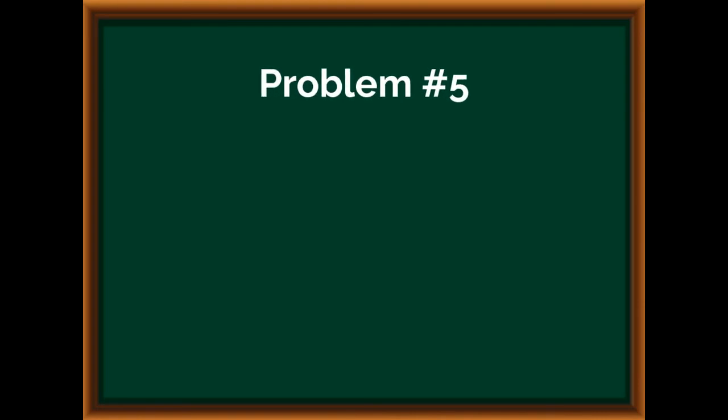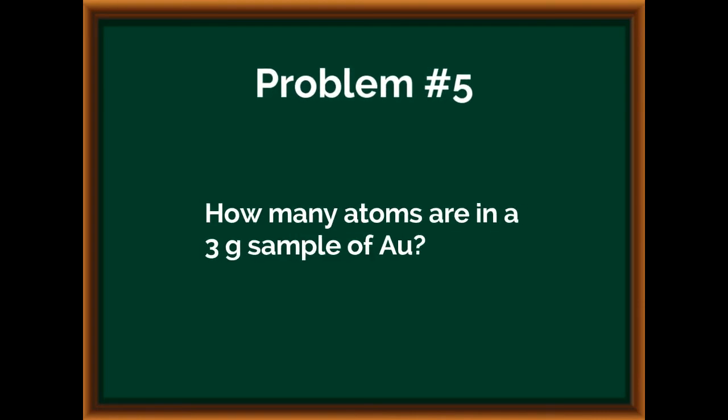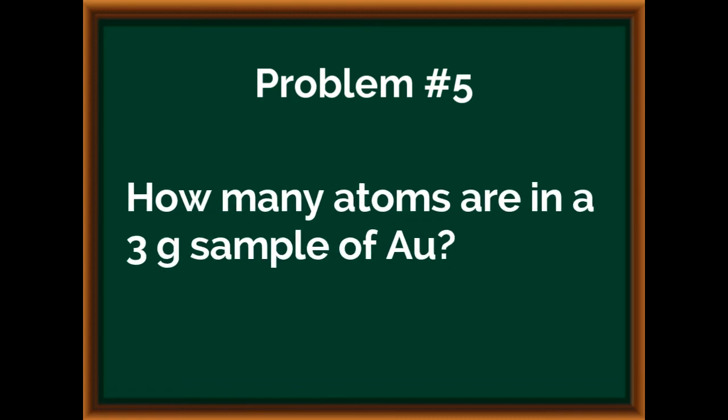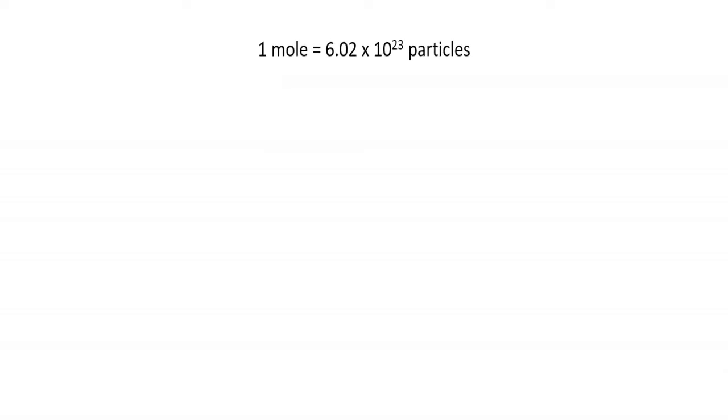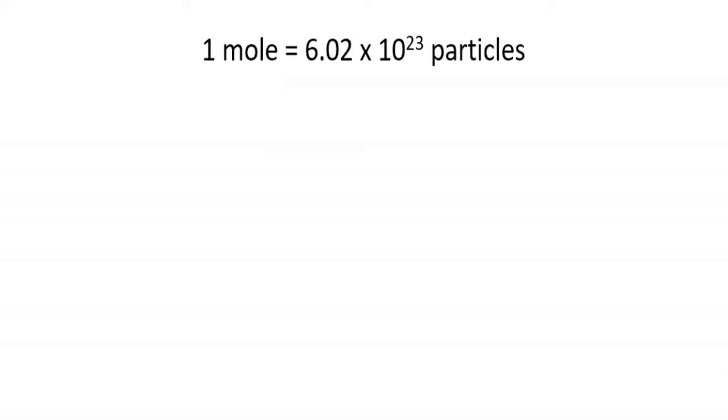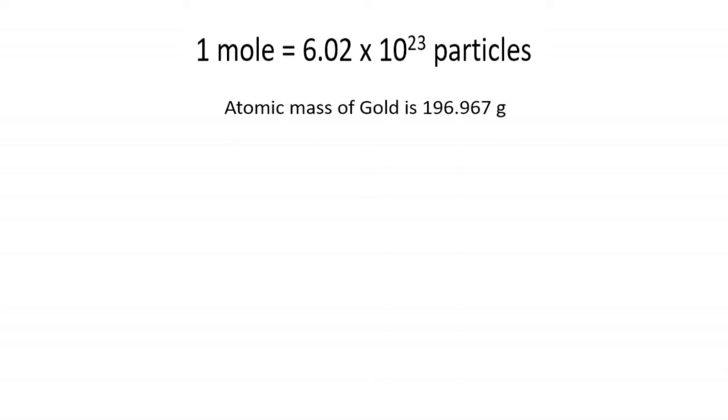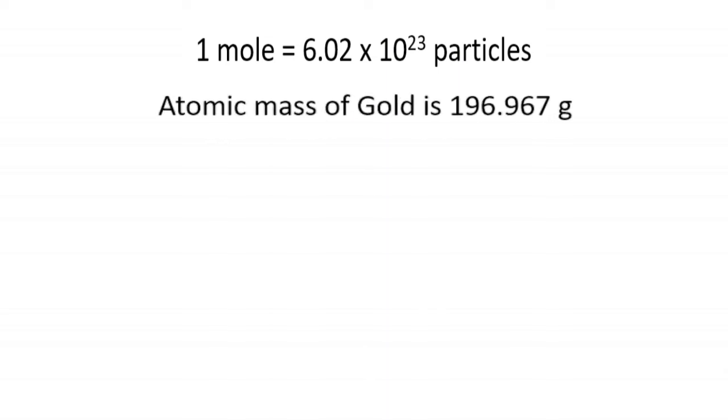Sample problem number 5. How many atoms are in a 3 gram sample of gold? Consider 1 mole is equal to 6.02 times 10 to the power of 23 particles, and the atomic mass of gold is 196.967 grams.